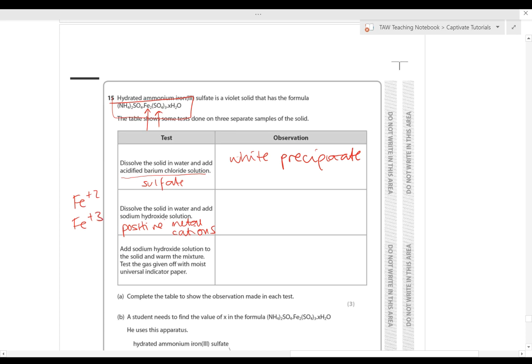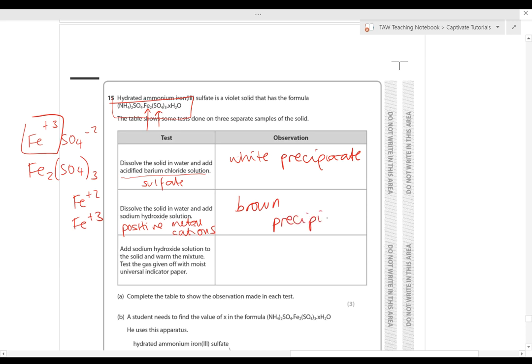Now, if we look at the formula of what it's combined with, we work backwards. So I know that the SO4 ion has a -2 charge. So for that formula to be correct, then this ion must be a +3 ion. So when we add sodium hydroxide and there's a +3 ion present, we generate a brown precipitate.